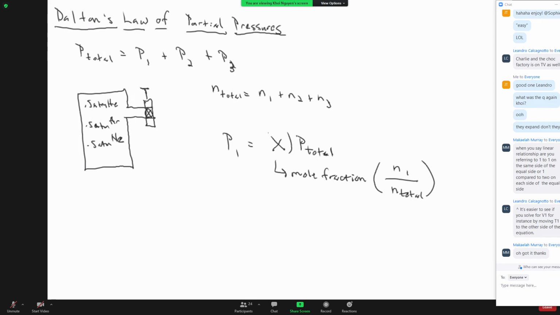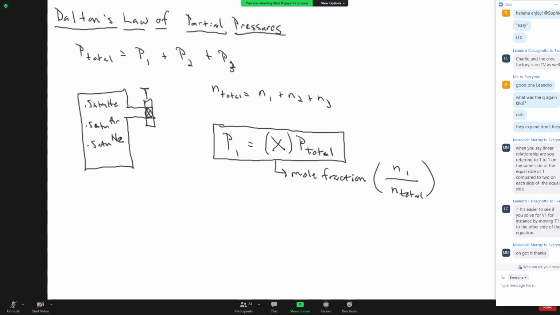So what Dalton's law of partial pressures does is allow us to calculate the pressure of each individual gas if we know the ratio of the moles of gas that we have in the gas phase or in solution. Okay. So this is Dalton's law of partial pressures. We take the mole fraction of one gas and multiply it by the total pressure, and we can get the partial pressure of that gas at any given point.